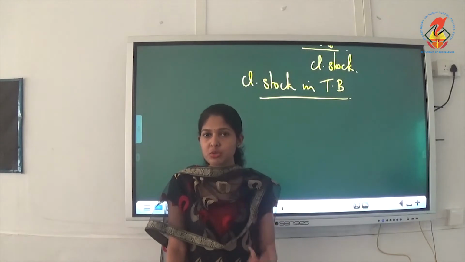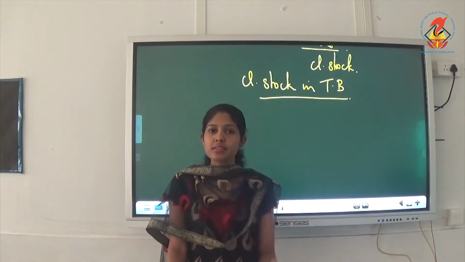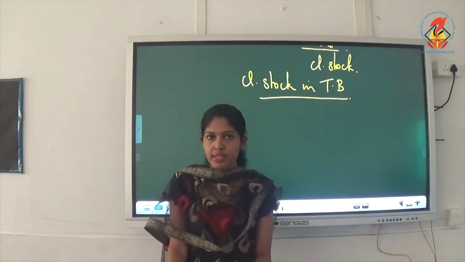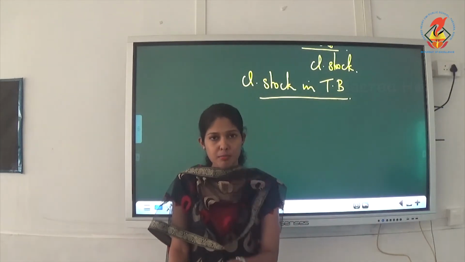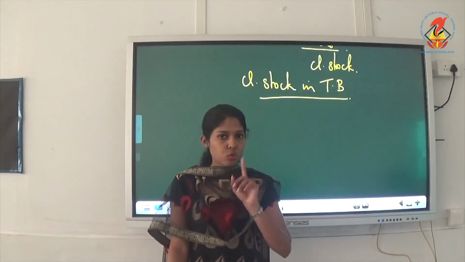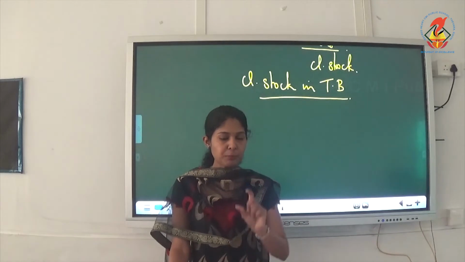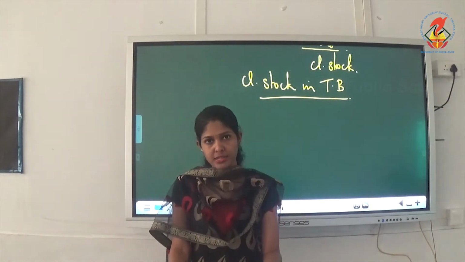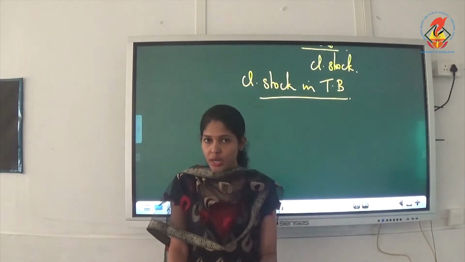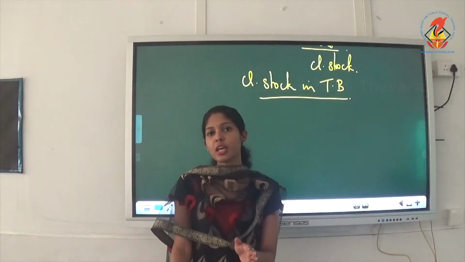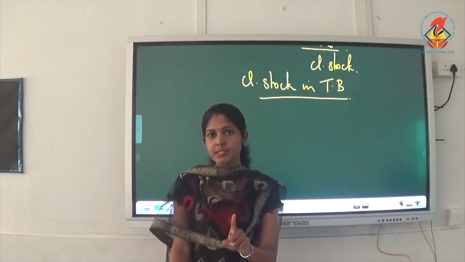So you understood closing stock is an asset. Assets are usually recorded on the asset side of the balance sheet. Understood? So when closing stock is given inside the trial balance, it is not an adjustment, and it needs to be recorded only once in the financial statements.